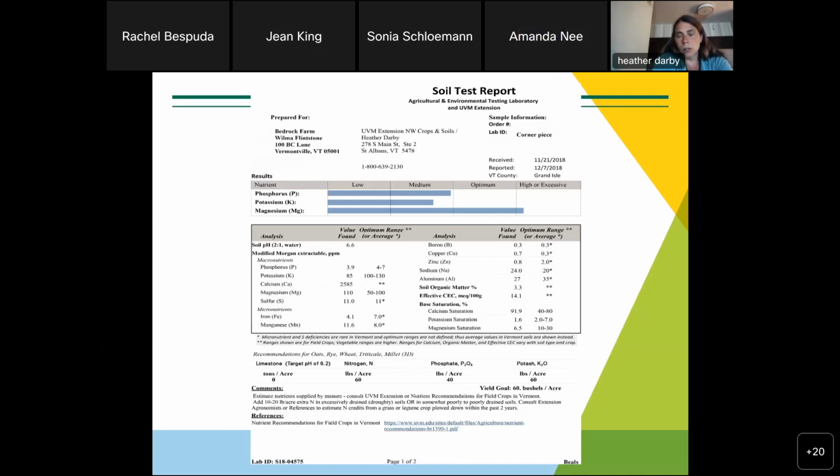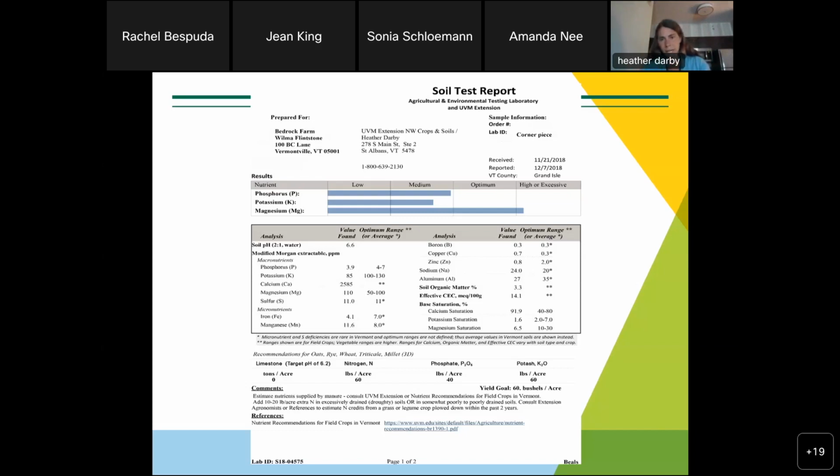If you have low or very low soil test nutrient levels, it essentially says that the chance of seeing a crop response if you add the required amount of nutrient is really high, okay? So the levels of that nutrient are so low that if you add that nutrient, you're highly likely to see a crop response, okay?